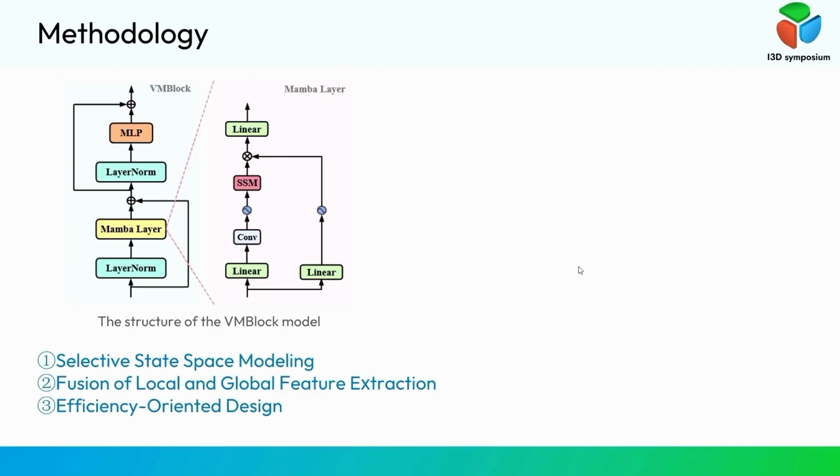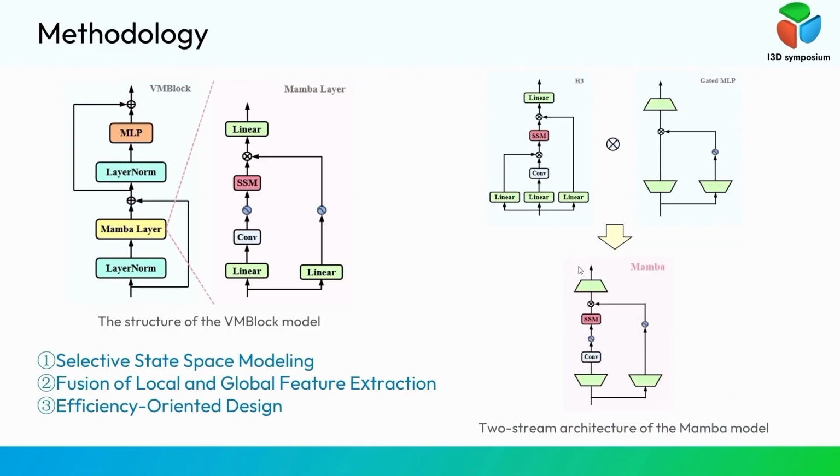Compared to traditional transformer-based models, it removes redundant components like gating units and MLP layers, resulting in a leaner, faster architecture. As shown in the figure, we present the two-stream architecture of the Mamba model, which further simplifies the overall structure.